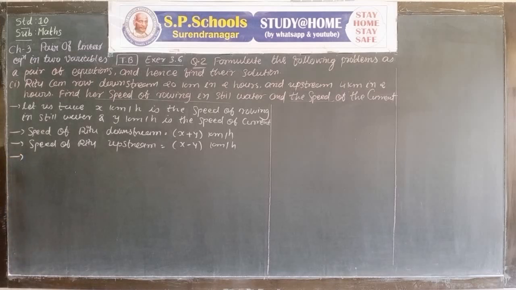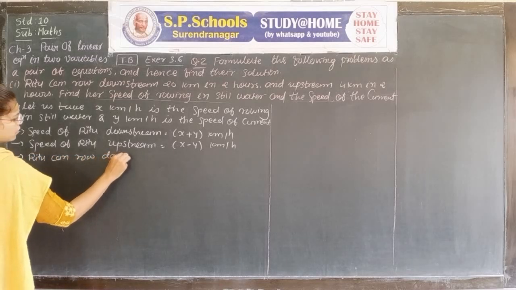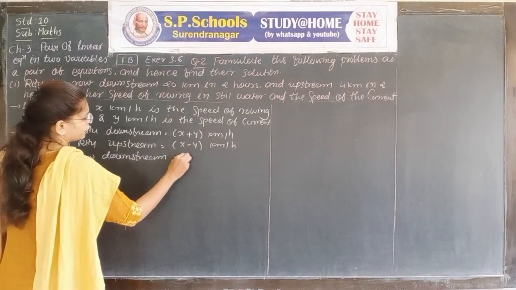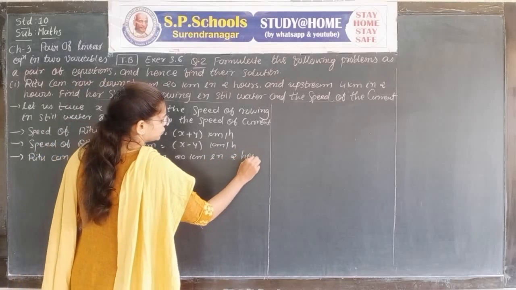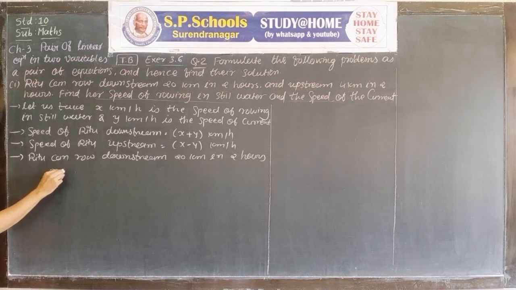Now the first condition says that Ritu can row downstream 20 km in 2 hours. As we know, speed is equal to distance upon time.